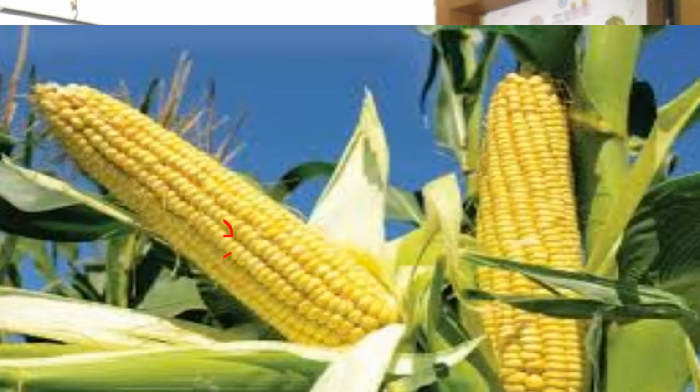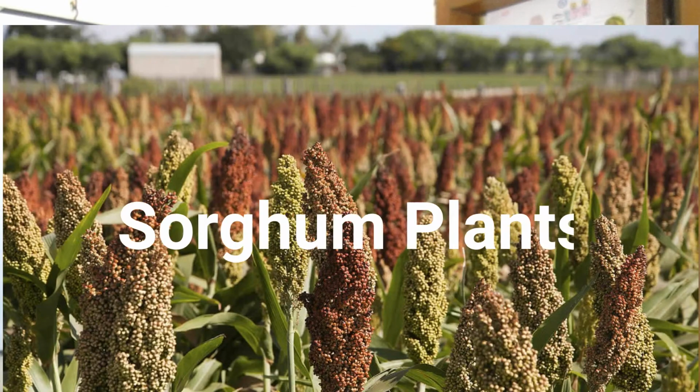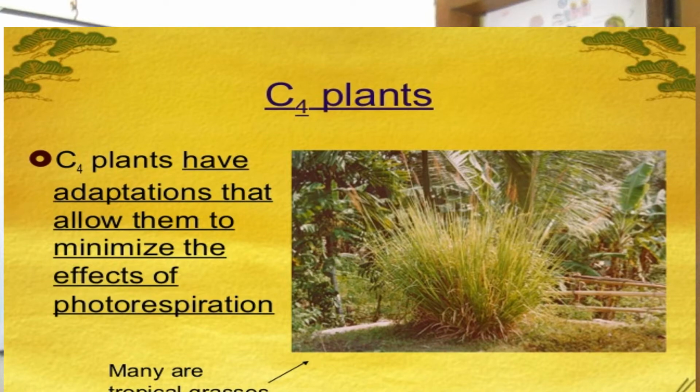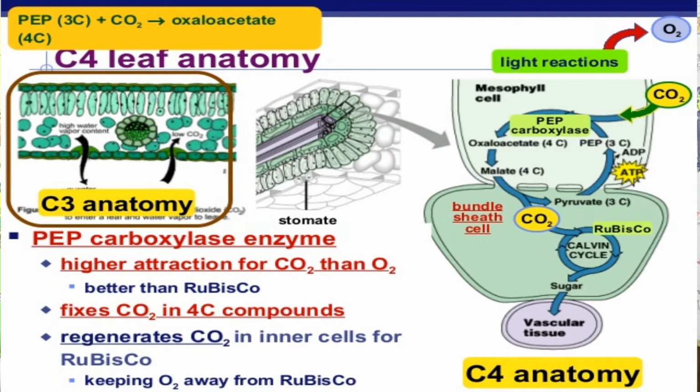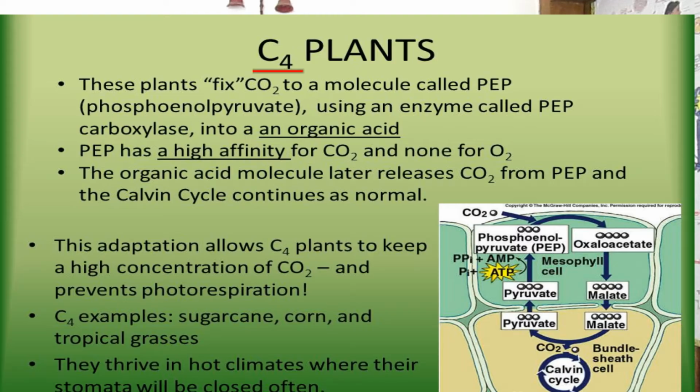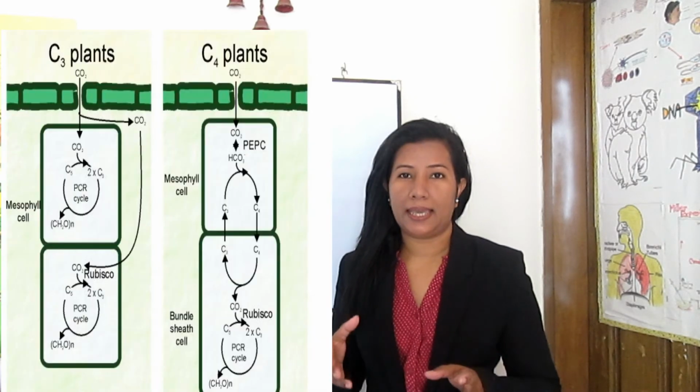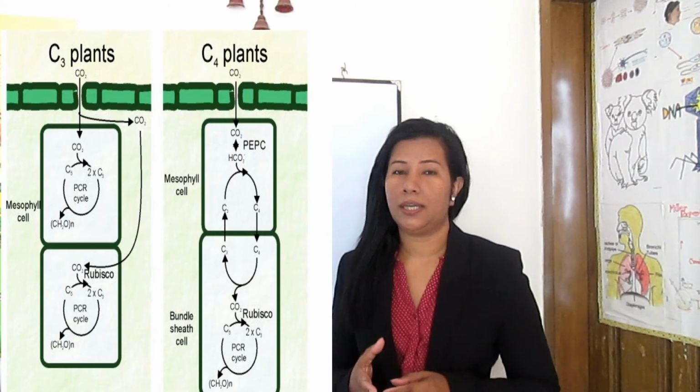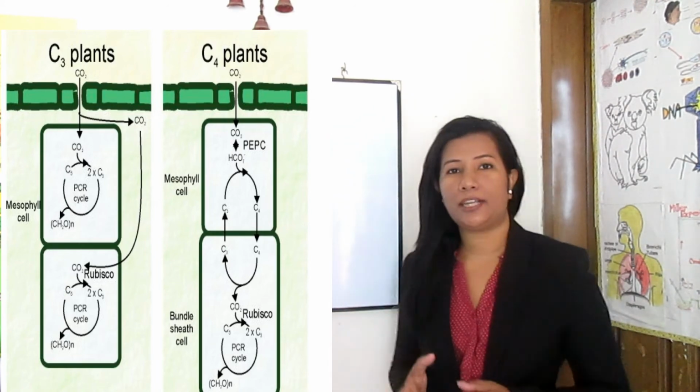However, maize and sorghum plants and most other tropical grasses do something different. The first compound that is produced in the light independent reaction contains 4 carbon atoms, and they are therefore called C4 plants.